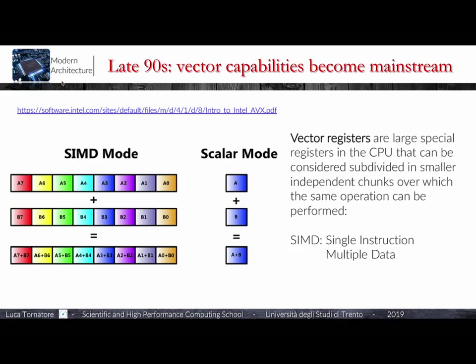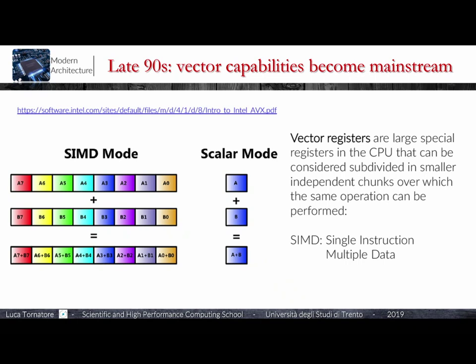So I told you yesterday that late in the 90s, but mostly in the 2000s, vector registers became mainstream. But what are vector registers? The concept is quite simple. They are large and special registers that you can use as subdivided in smaller chunks.